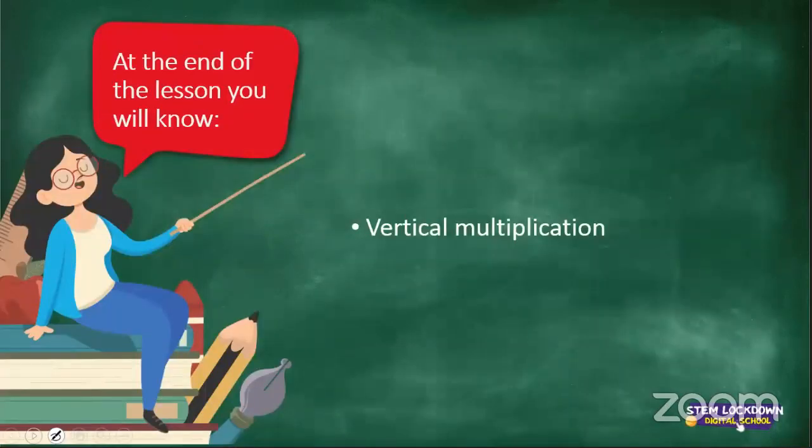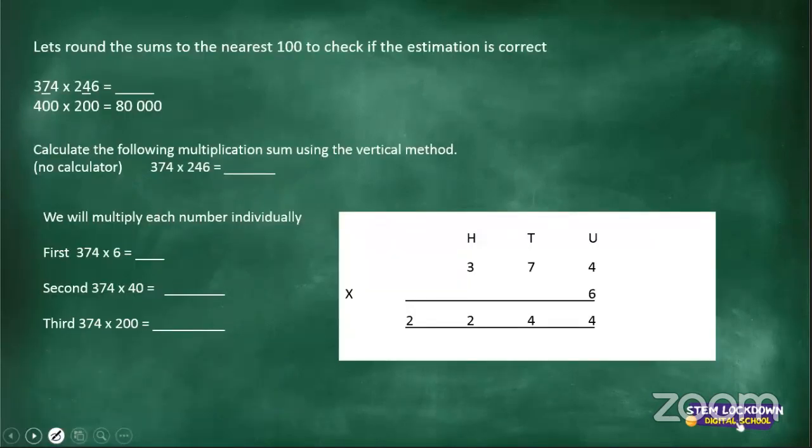Okay. So yesterday we did vertical multiplication. I did rounding off and vertical multiplication. And then some of you told me that I should go a bit slower because the concept was difficult to understand. So I want to do a quick recap of how to round off to the nearest 100.